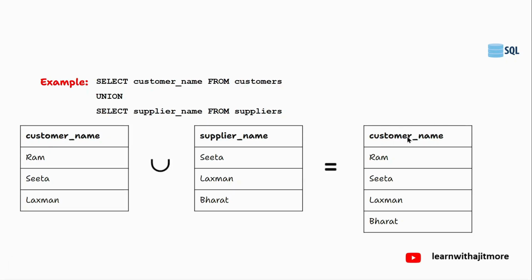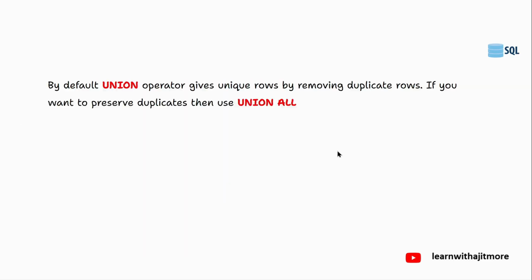The result column name is the column name of the first query. And by default, union doesn't preserve duplicates. It will keep unique values. You see, Sita and Lakshman are appearing once only. So if you want the duplicates to be preserved, then use union all.